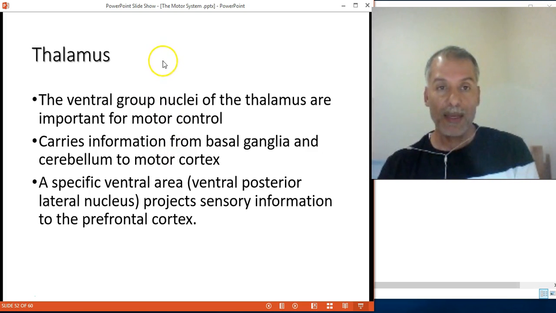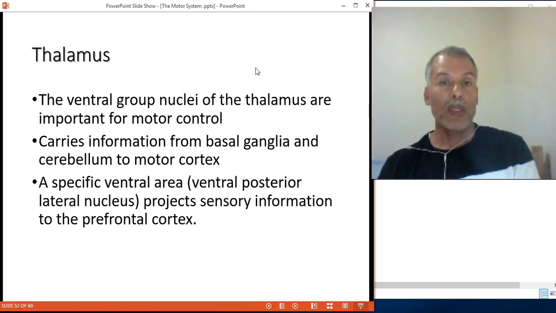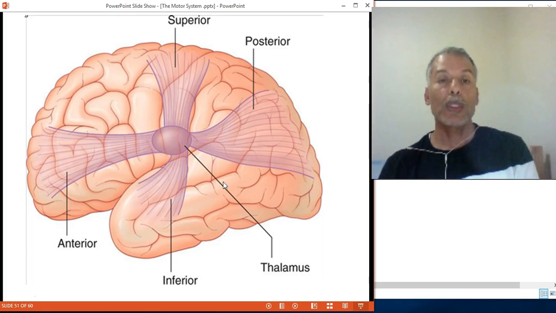Remember again, basal ganglia tell the thalamus, reduce your input when it needs to be reduced. And it also sends important sensory information to the cerebral cortex. It also carries information from the cerebellum to the motor cortex.